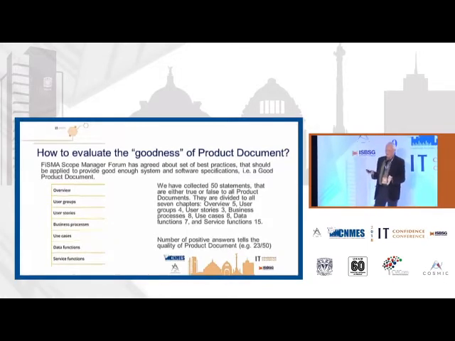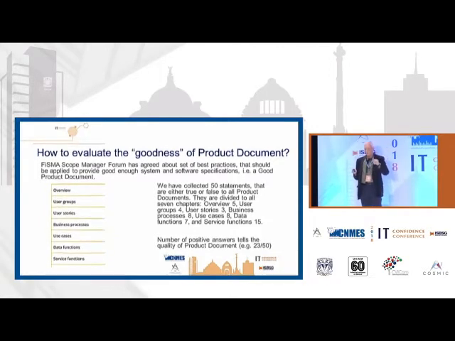There are 5 statements about overview, 4 about user groups, then 3 about user stories, 8 about business processes. They are all best practices that should be applied when writing such documents. And then 7 about data functions and 15 about service functions.